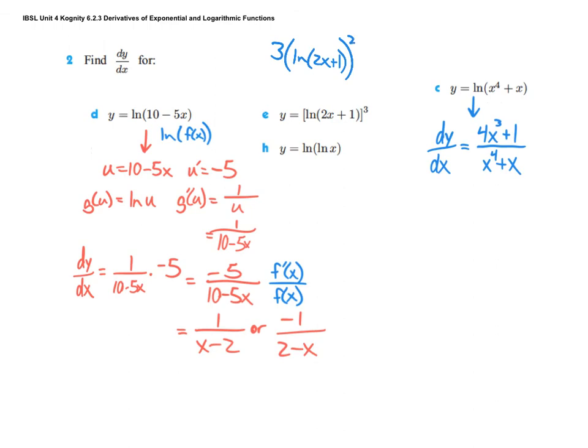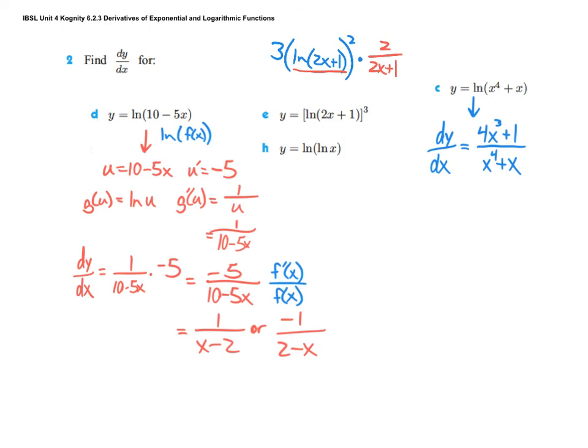Yeah, the derivative of something cubed is 3 something squared, times the derivative of the inside. So what's the derivative of now the ln of 2x plus 1? Yeah, 2 over 2x plus 1.